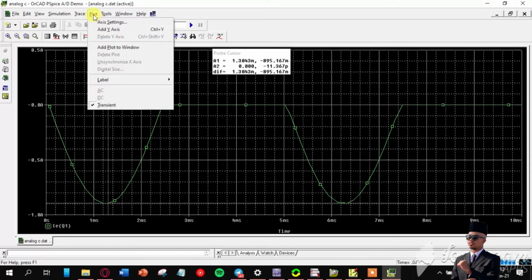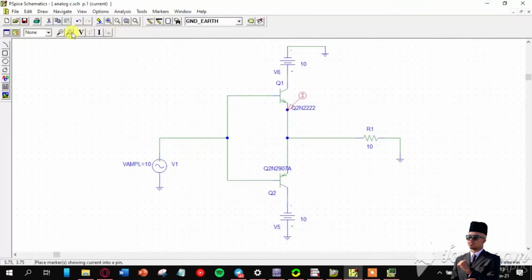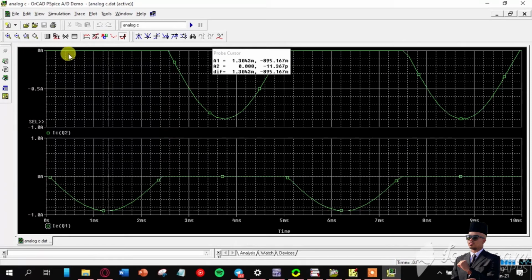We add a plot and place the current marker on this transistor, and we will get the IC waveform.